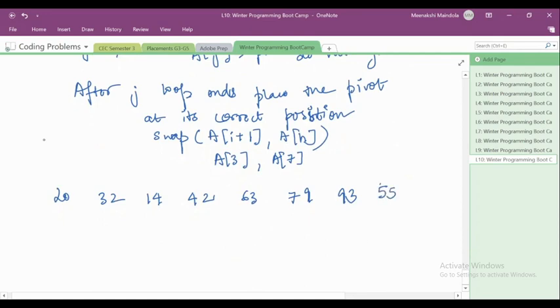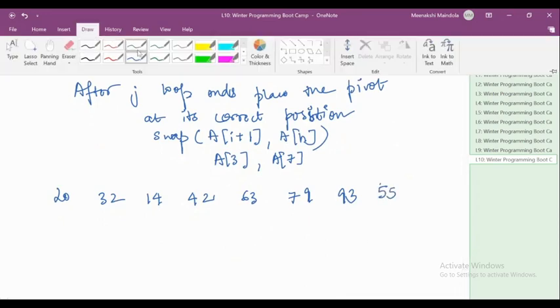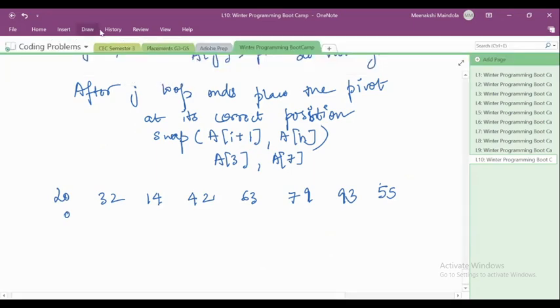So this is how your array looks after the pivot element has come to its correct position. Okay, so let me again write down the indexes.